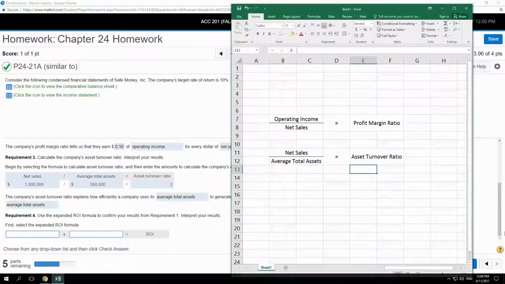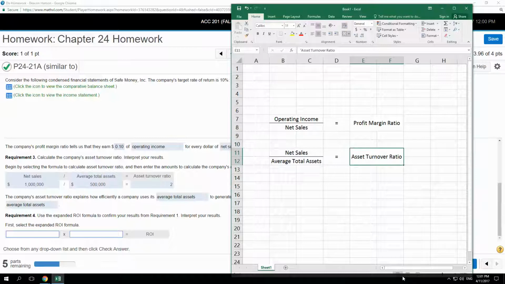Okay, so the expanded ROI formula would be to take your profit margin ratio and multiply it by your asset turnover ratio. Okay, why does that work out?